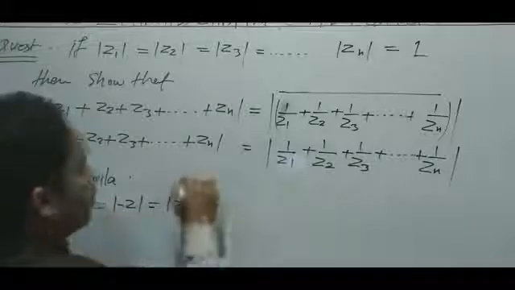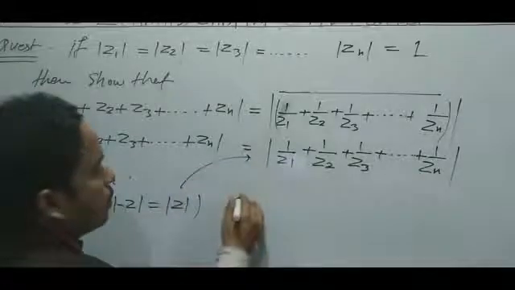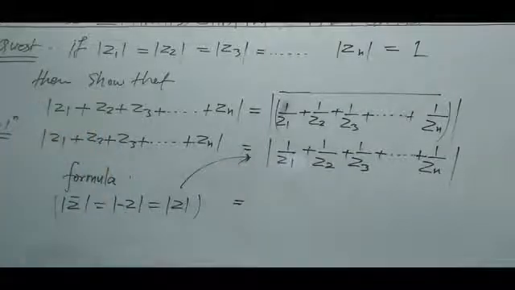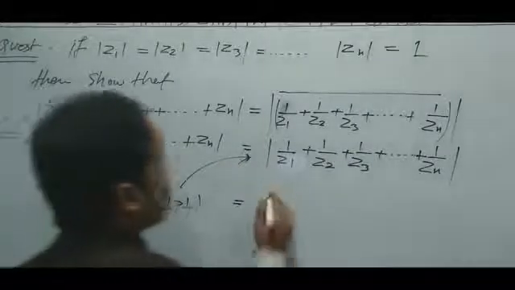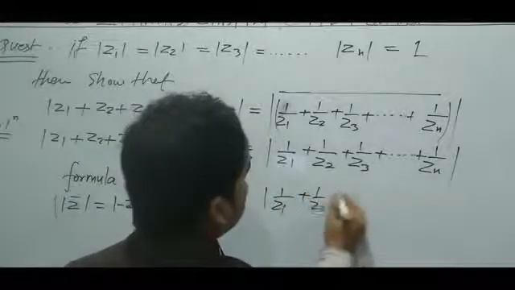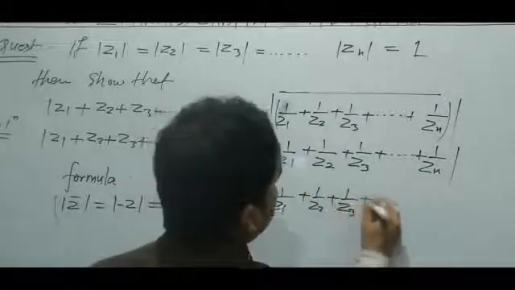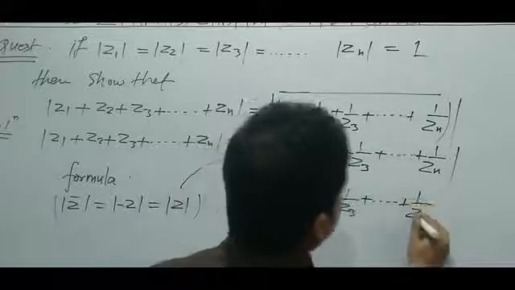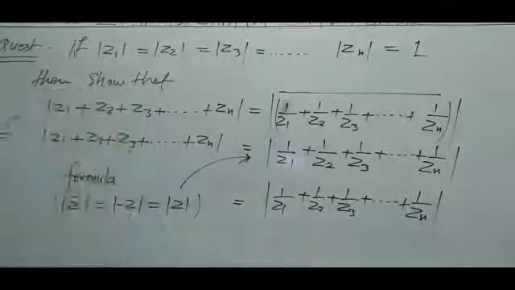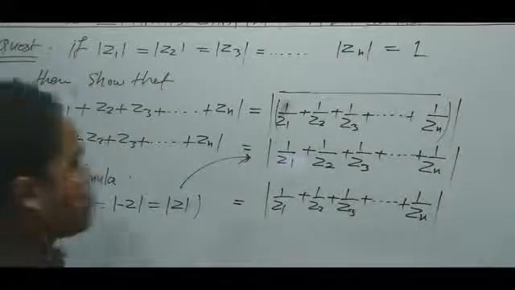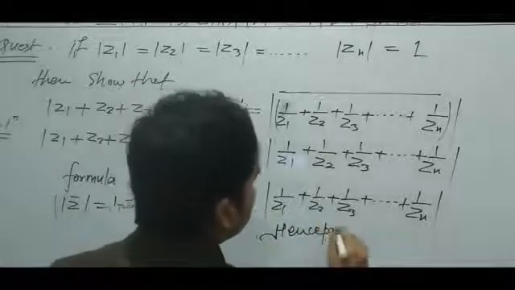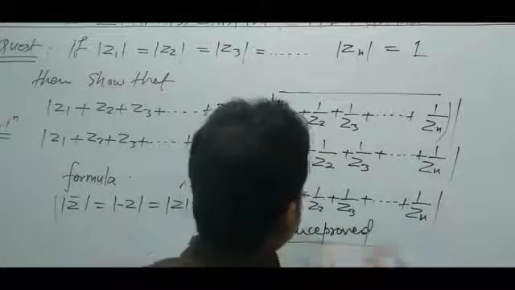This formula I have used here. So the result is 1 upon z1 plus 1 upon z2 plus 1 upon z3 plus up to plus 1 upon zn in mod. Now hence proof.